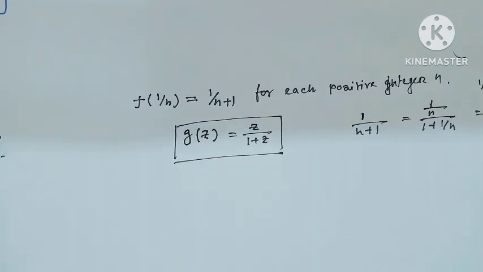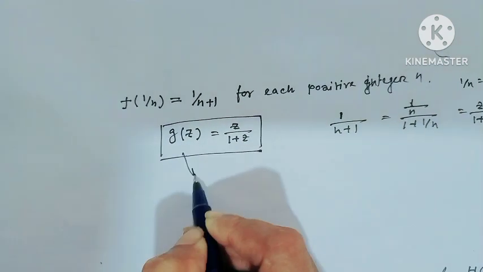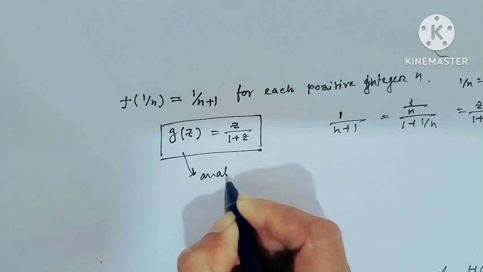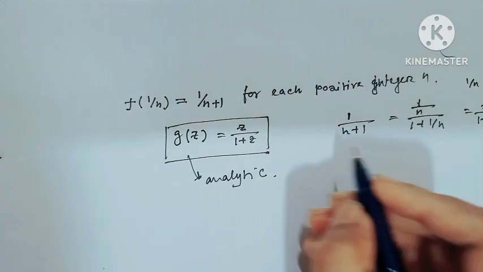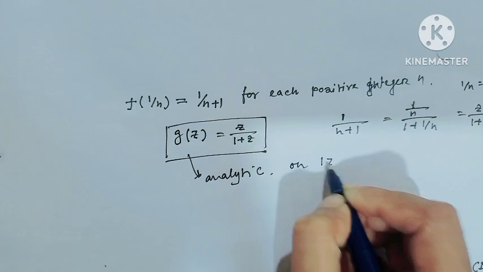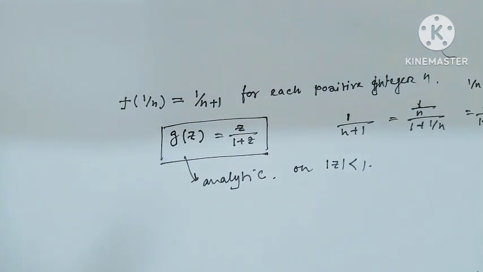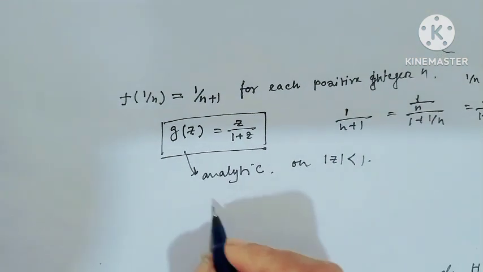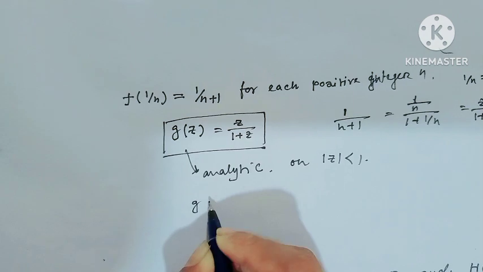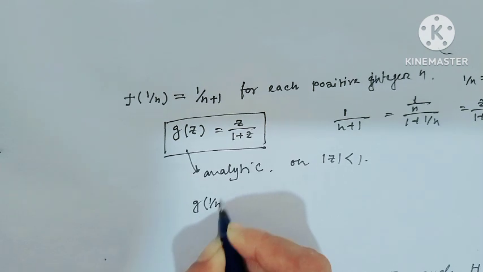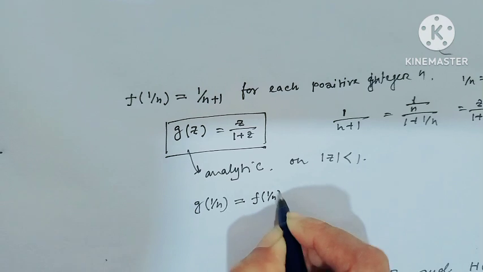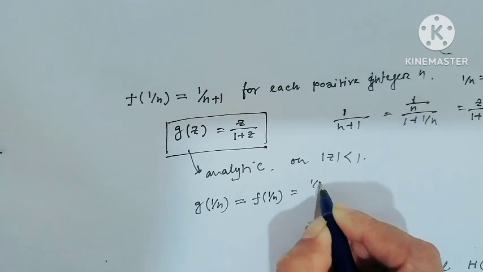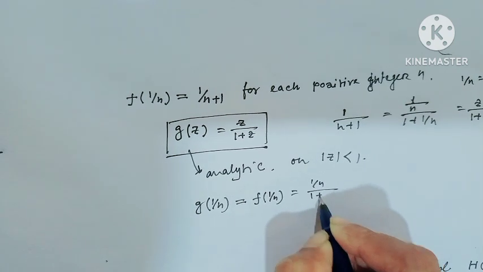Obviously, g is analytic on mod z less than 1, and g of 1 over n equal to f of 1 over n, which is equal to 1 over n over 1 plus 1 over n.